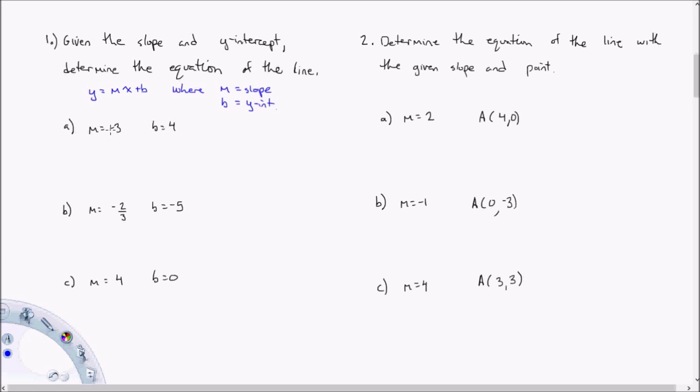So question A, we have an m value of -3 and a b value of 4. So the equation of the line would be y equals -3x plus 4. For 1b, we have y equals mx plus b, but we are adding -5, so that's subtract 5.